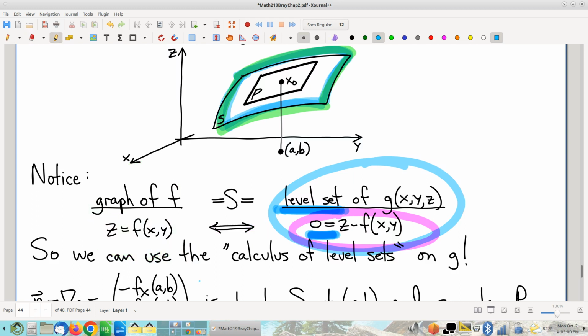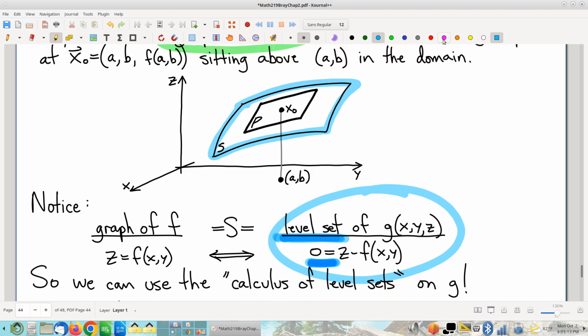Let's forget about all this graph business, and let's just notice that the surface in question is a level set. How am I going to find the equation of the tangent plane, given that this is a level set? Well, I just need to find a normal vector.